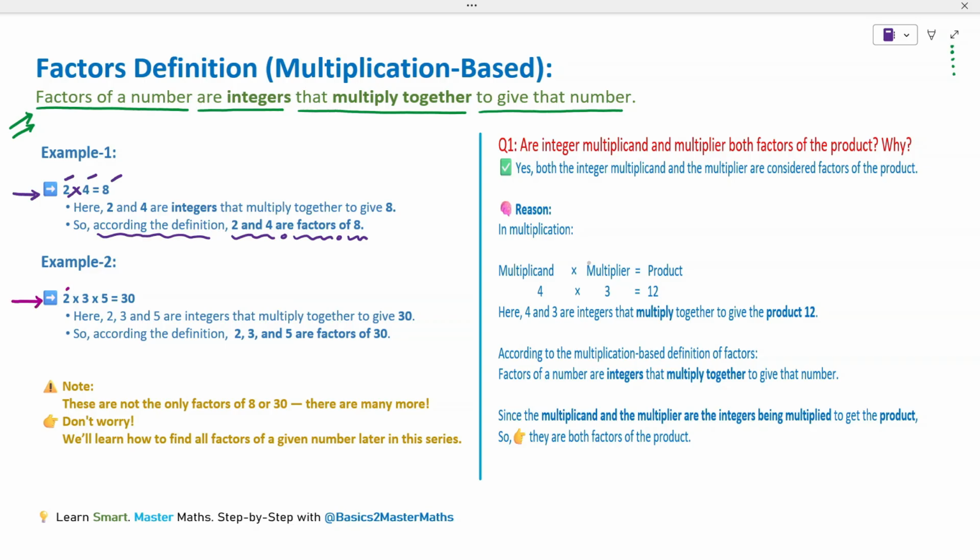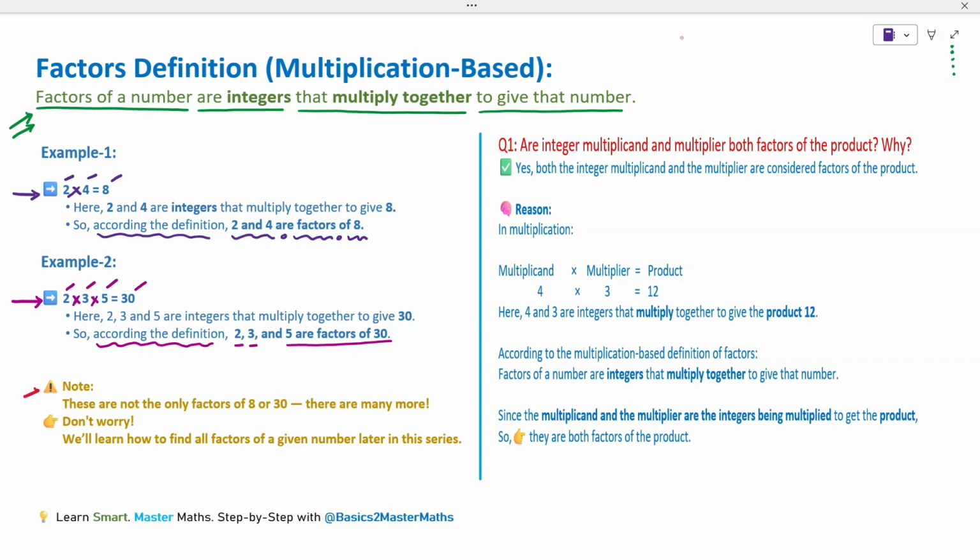Here 2, 3 and 5 are integers that multiply together to give 30. So, according to the definition, 2, 3 and 5 are factors of 30. Got it?